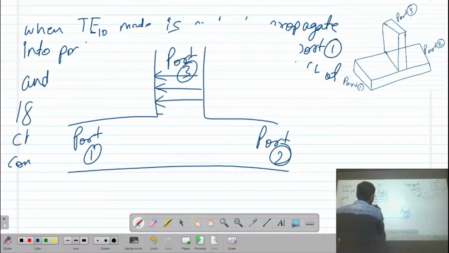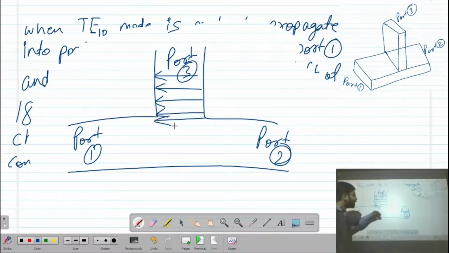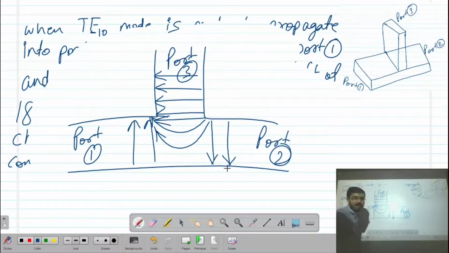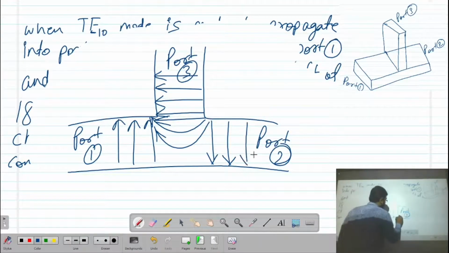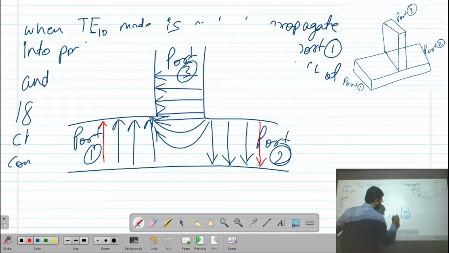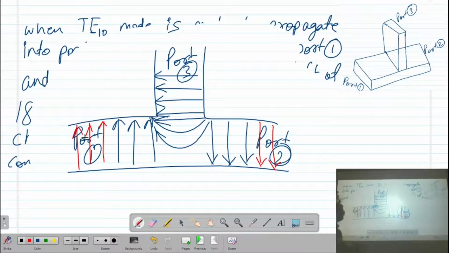But the moment they start to detach, they will try to bend themselves, and at last they will bend like this. They will detach in this form, in this manner. So they will have 180 degree phase shift.